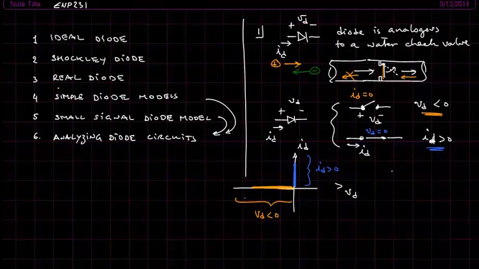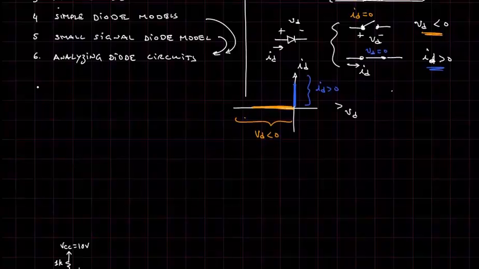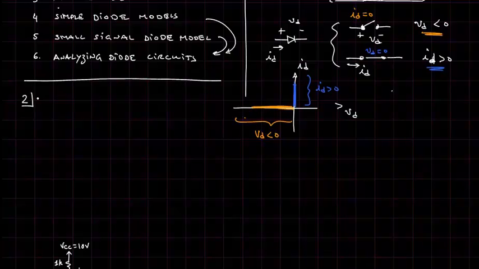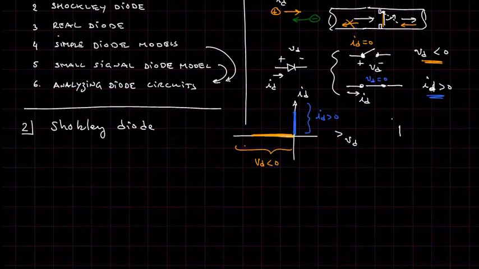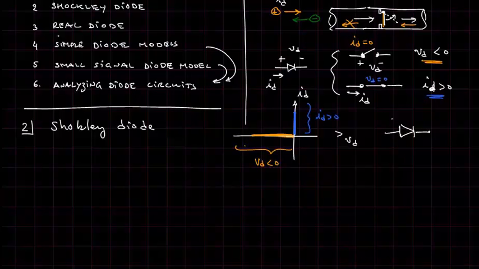Now let's move on and look at what an actual diode curve looks like. So the Shockley diode. By the way, when we depict an ideal diode, I'm going to try to remember to put a diode with an I inside it or next to it.